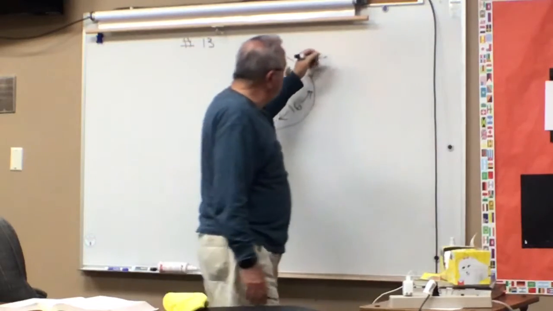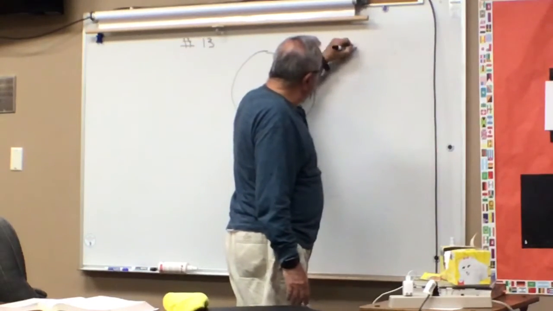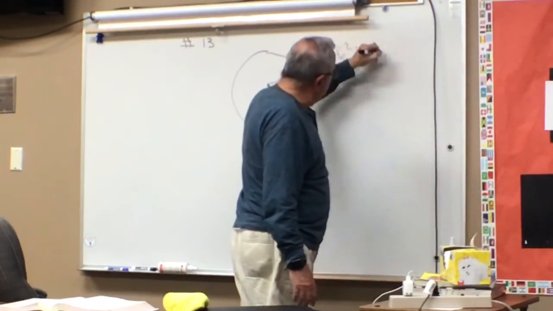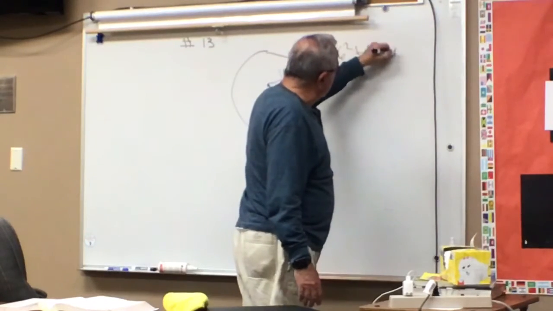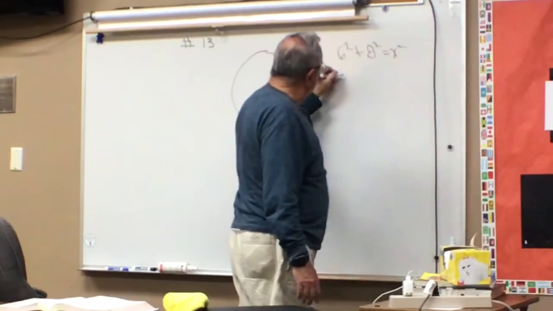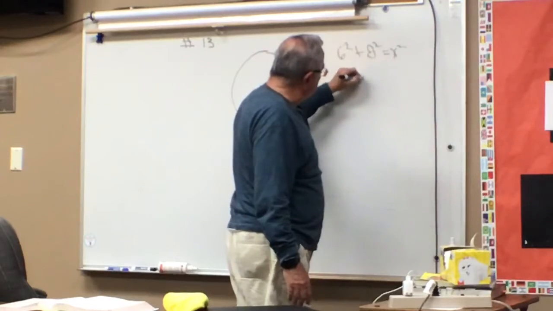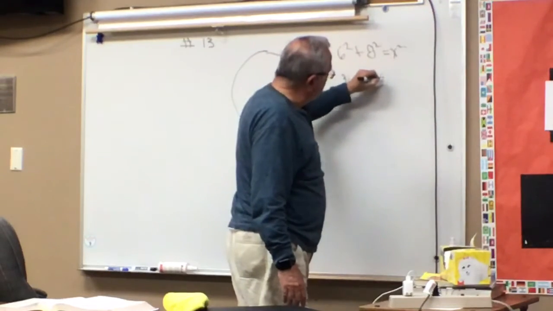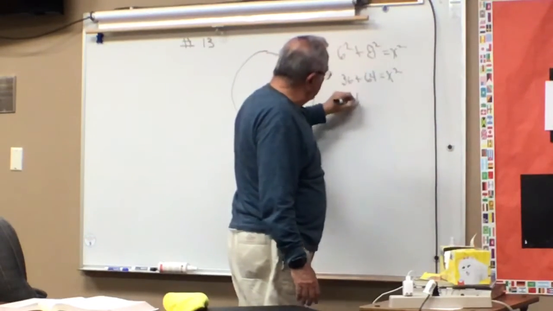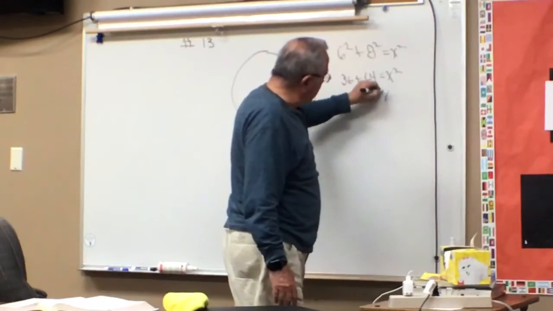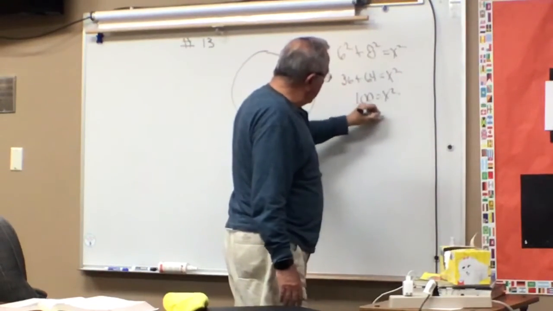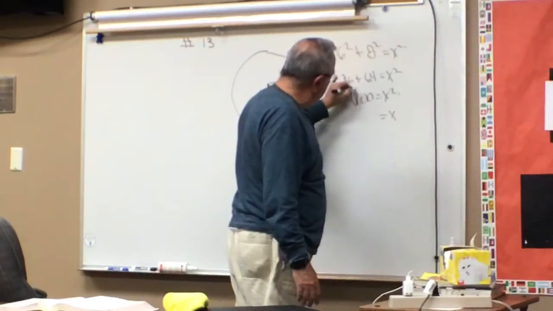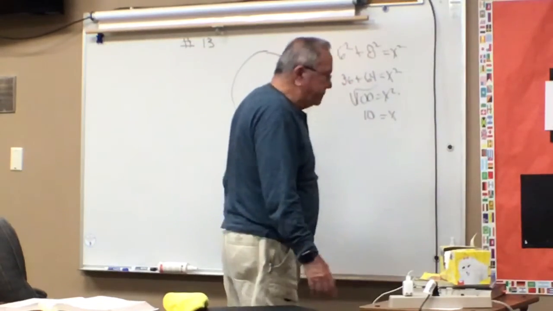6 squared plus 8 squared equals x squared. So that's going to be 36 plus 64 equals x squared. 100 equals x squared. So x equals 10.